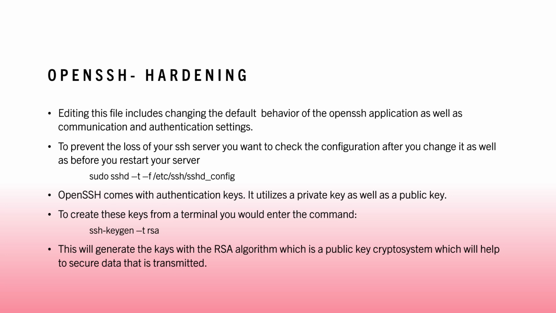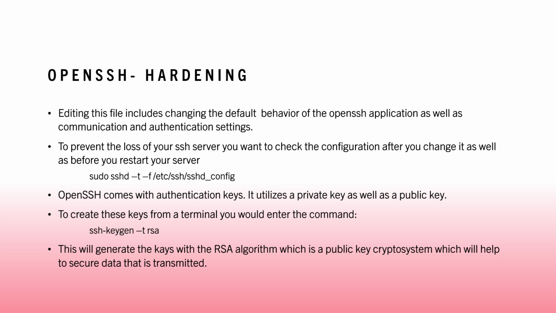OpenSSH comes with authentication keys. It utilizes a private key as well as a public key. To create these keys from a terminal, you would enter the command ssh-keygen -t rsa.